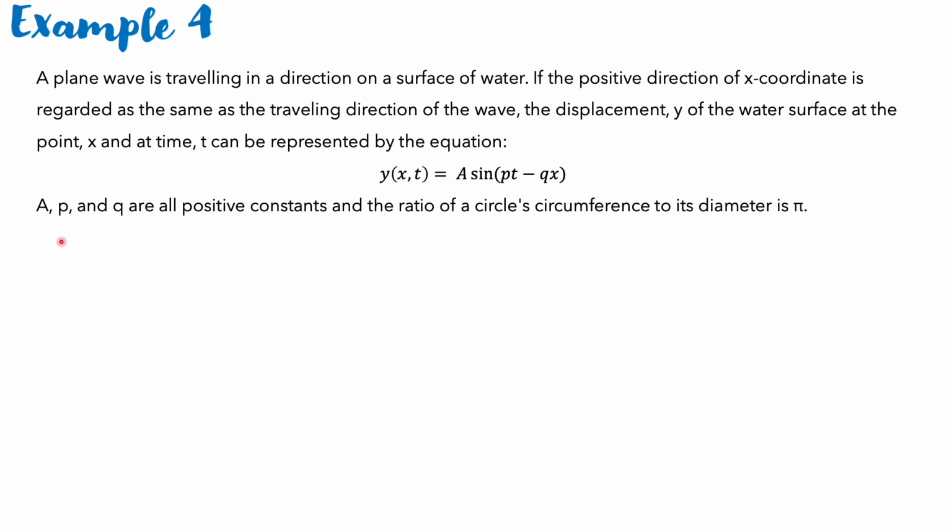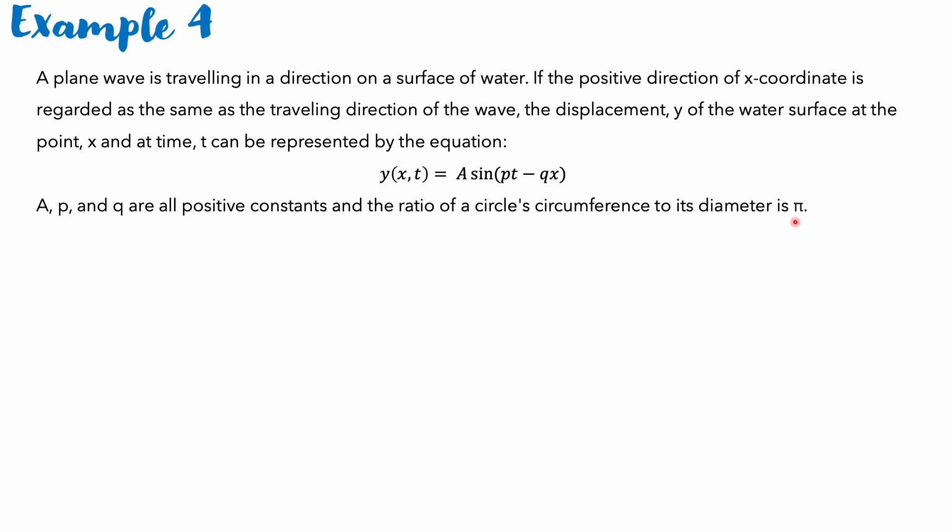Now you are told that in this equation of the wave traveling on the water surface, the constants a, p and q are all positive, and the ratio of a circle's circumference to its diameter is pi.